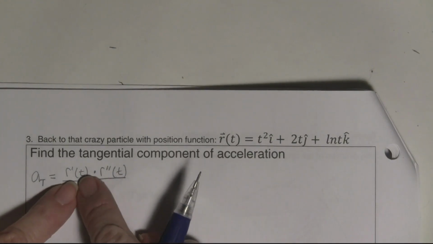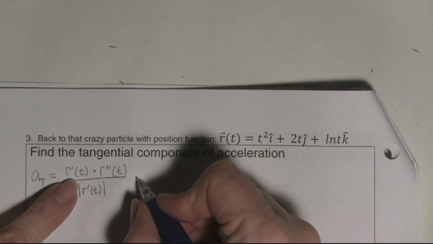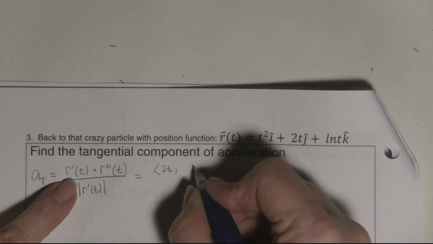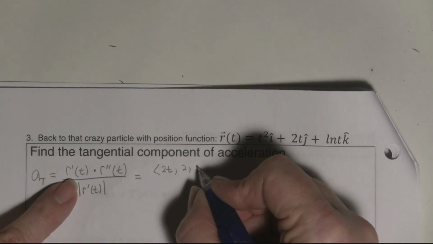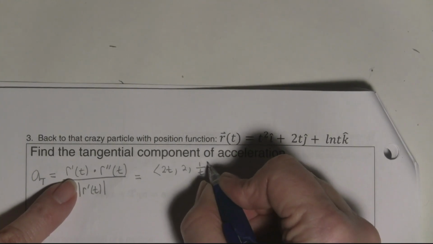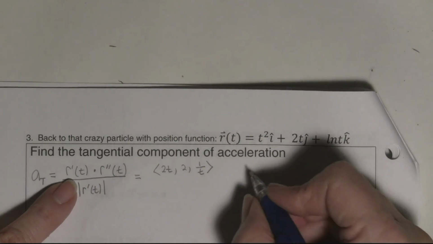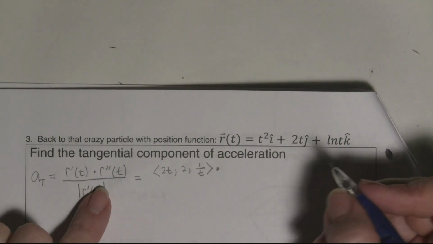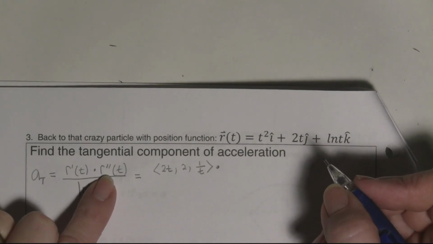So we found this before, and you can go look it up and verify, 2t, 2, and I think we wrote it in IJK notation, and now I'm writing it in vector notation, but same guy, right? And then the dot product, and then we also found R double prime.